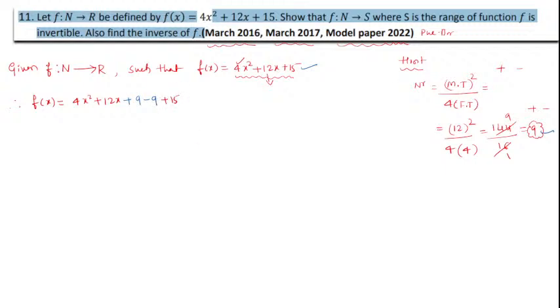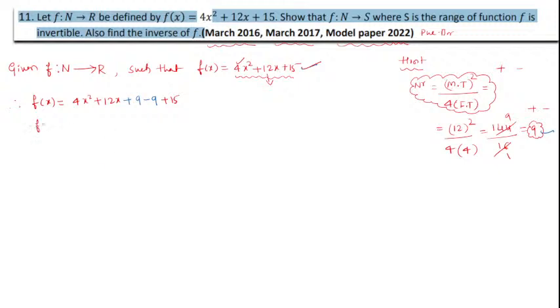Whatever quadratic polynomial they give, you can easily go for these steps. So what is the formula? The number you should add and subtract will be given by the middle term squared, divided by 4 times the first term. Right?